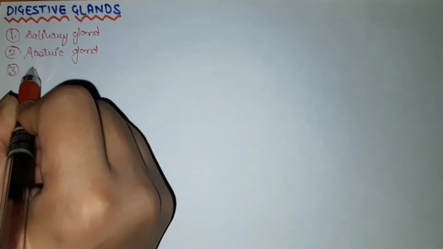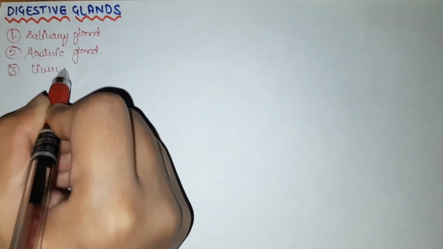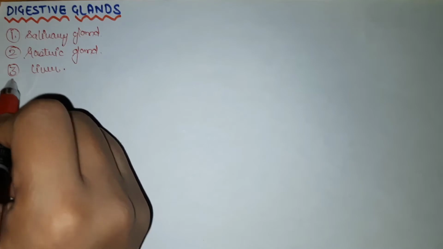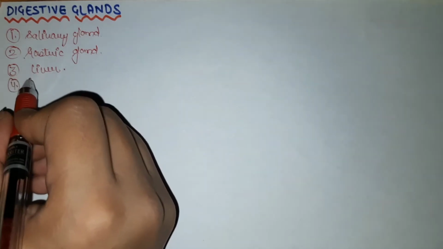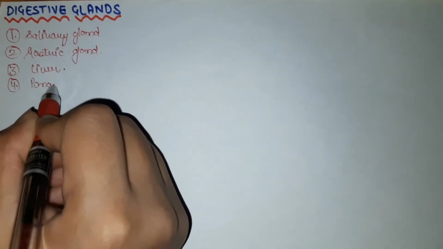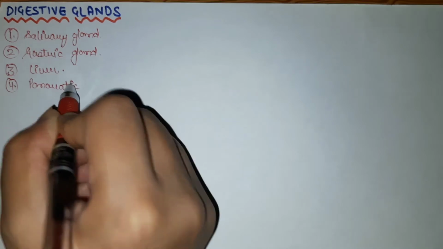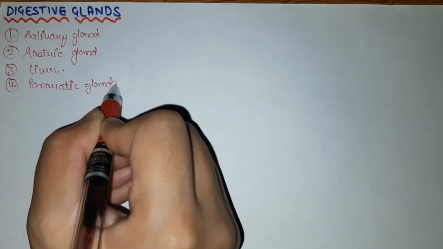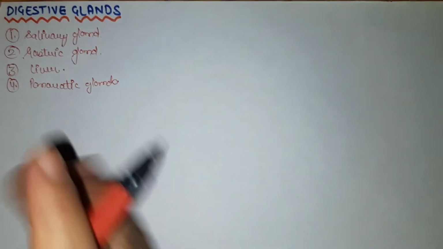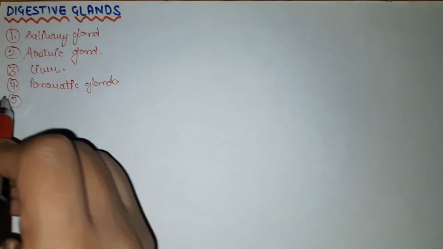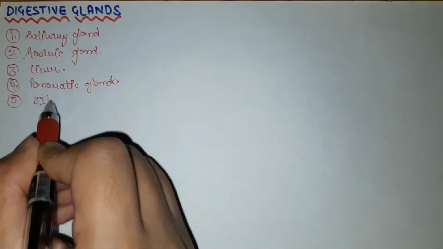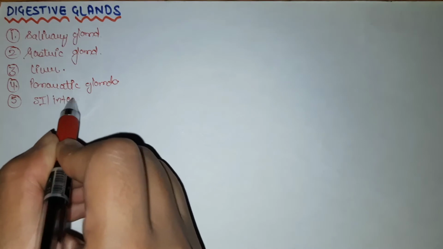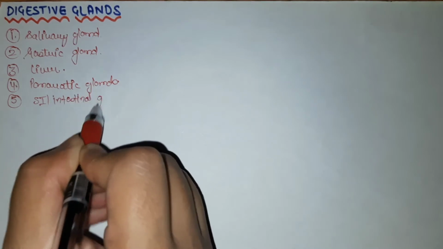Then you will study the structure of the liver. The liver also secretes bile. And later you have the pancreatic glands, and lastly the glands of the small intestine, or intestinal glands.